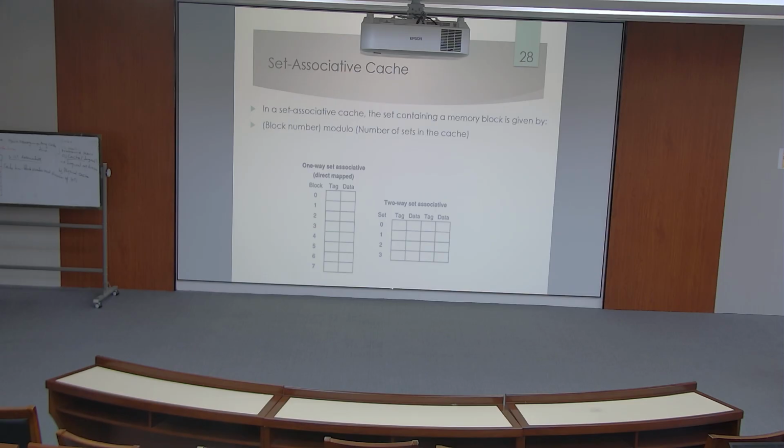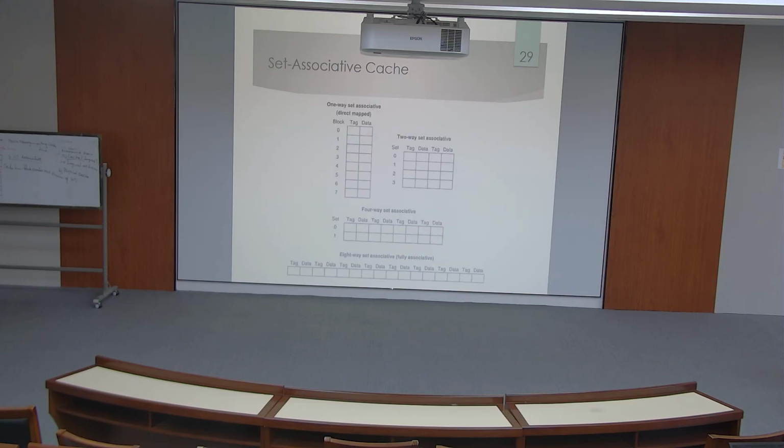Here we have one-way set associative, that means we have the direct map, and this is a two-way set associative. You see we have two ways, tag data, tag data. Then we have four-way associative. That means we have 4 ways, here we have tag data, tag data, tag data. We have 4 ways in each set.